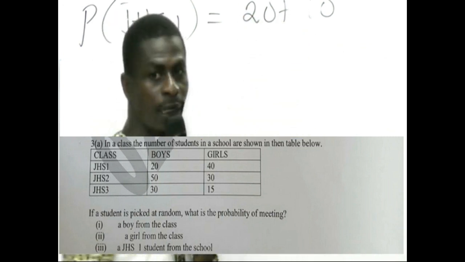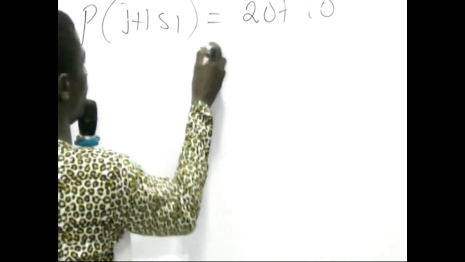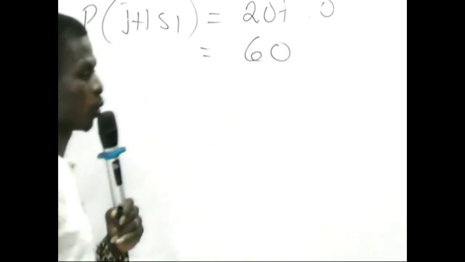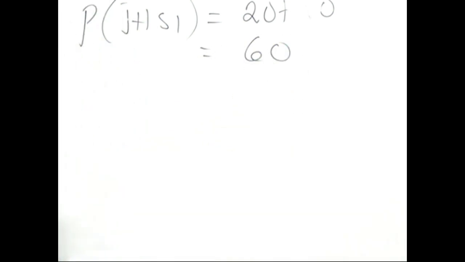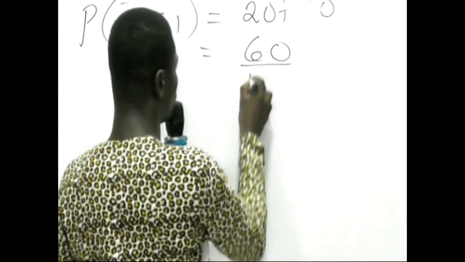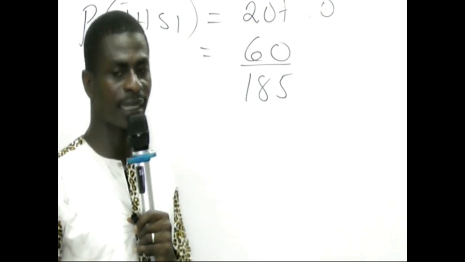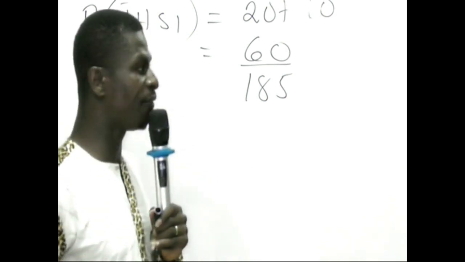The boys are 20, the girls are 40. So we are having 60. 60 students are in JHS 1, divided by the total number of students in JHS 1, 2, and 3. And that is going to be 185. And once again, we can simply divide.